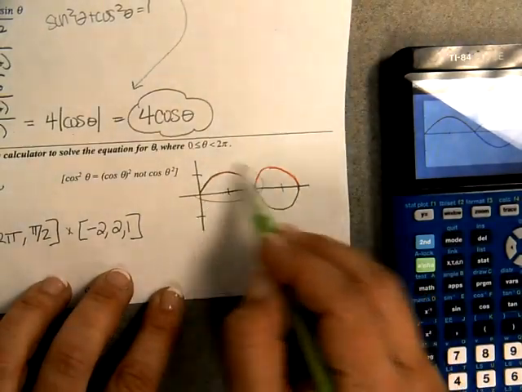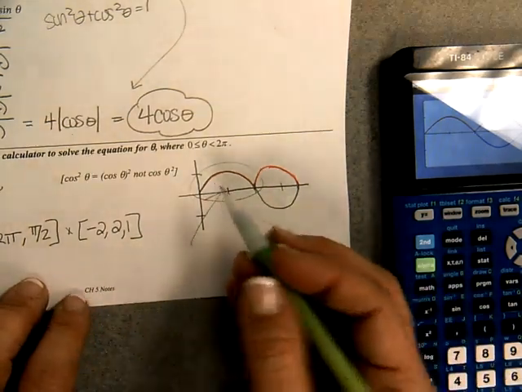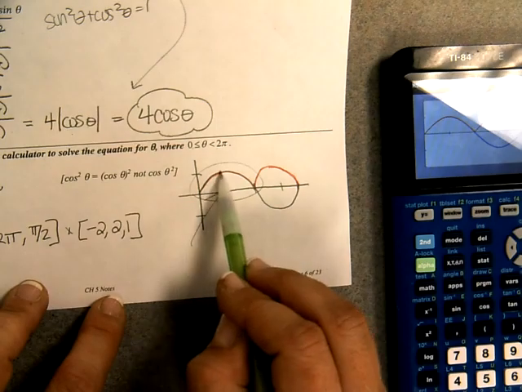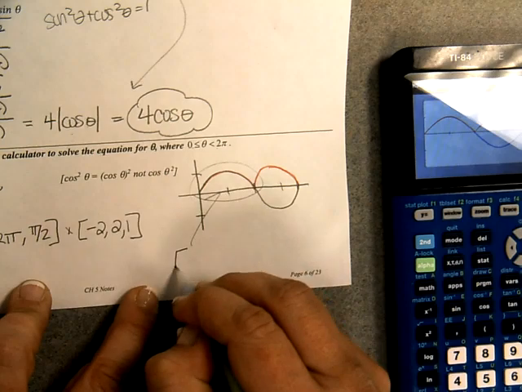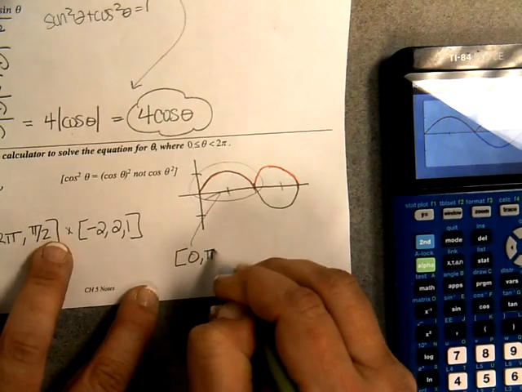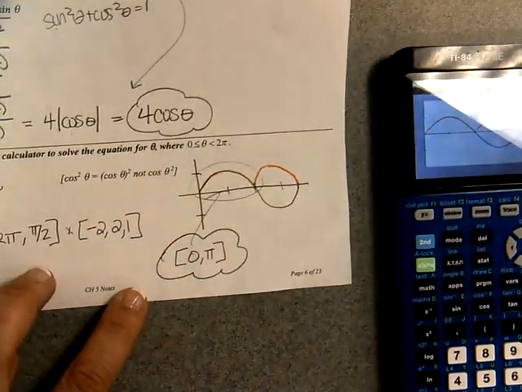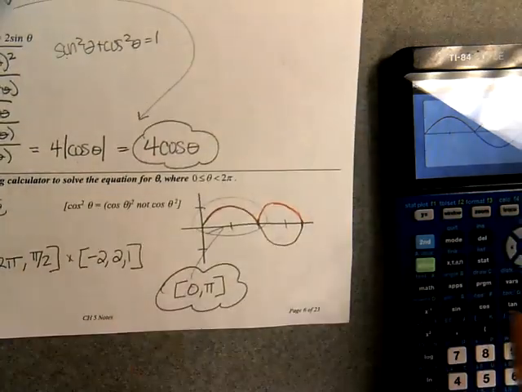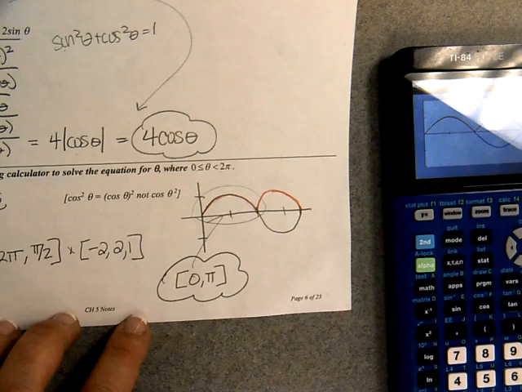Well, they intersect all up through here, don't they? So to solve our equation for theta, basically it's everything from 0 all the way to pi. So our solution set would be the interval from 0 to pi. That's our answer. That's our solution interval, because it's not just 1 or 2 points. It's that whole intersection piece.